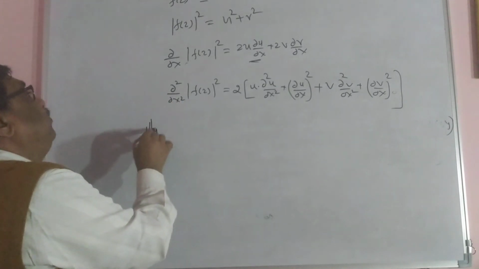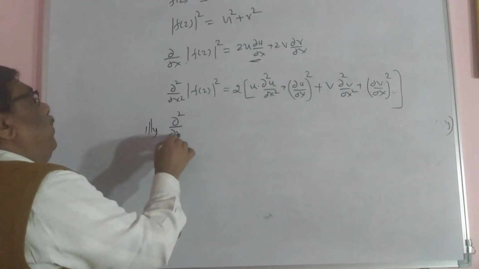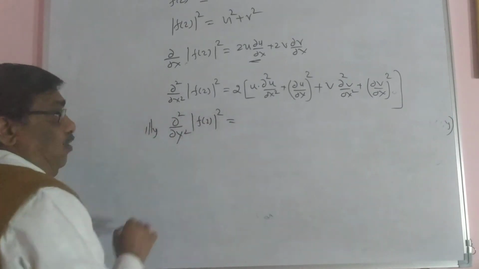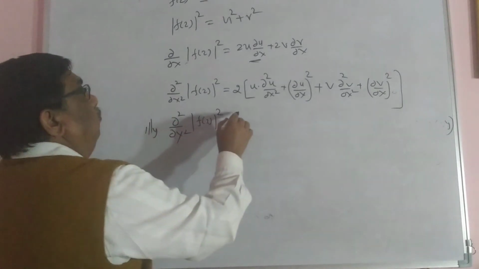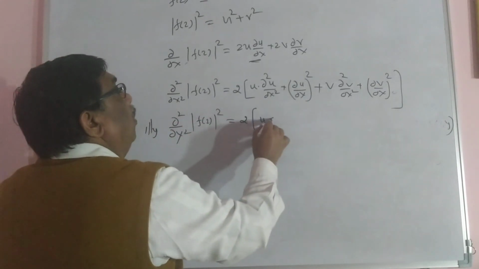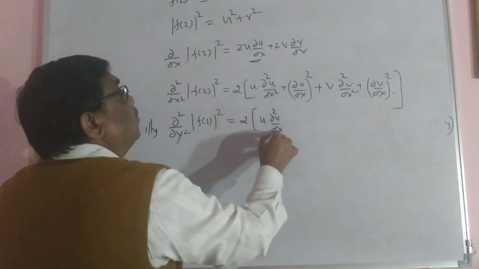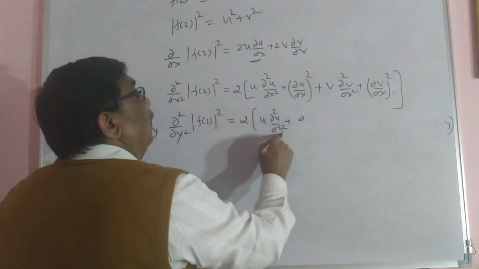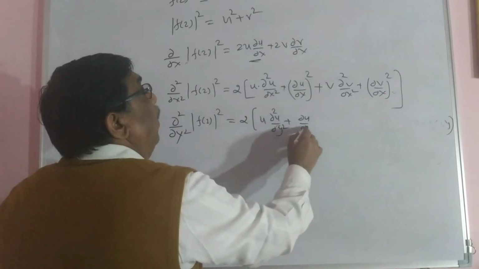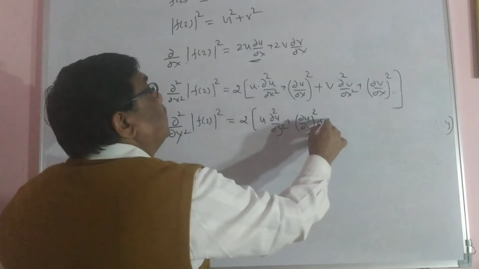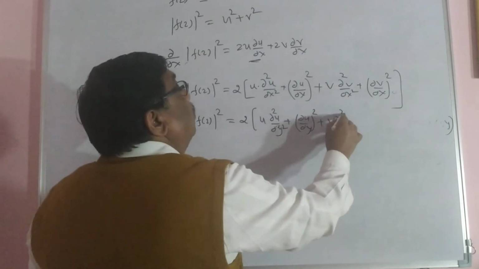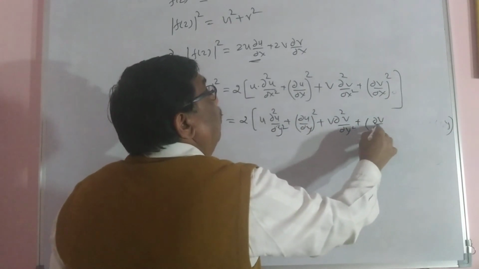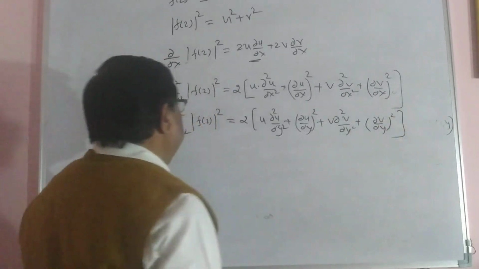Similarly, partially with respect to y, ∂²/∂y² of mod of f of z squared equals 2 times u ∂²u/∂y² plus (∂u/∂y)², plus v ∂²v/∂y² plus (∂v/∂y)².